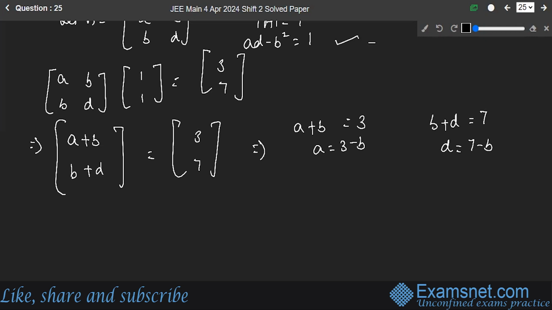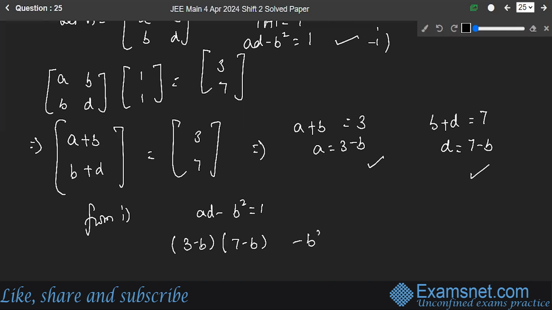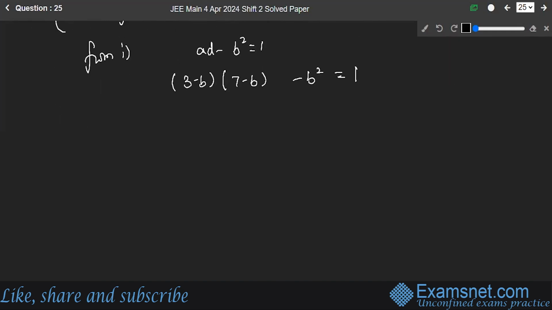Now let's use this equation. Fill both the values of A and D in this. From 1, you had AD minus B square is equal to 1. 3 minus B into 7 minus B minus B square is equal to 1, or 21 minus 3B minus 7B plus B square minus B square is equal to 1. 21 minus 10B is equal to 1, or 10B is equal to 20.